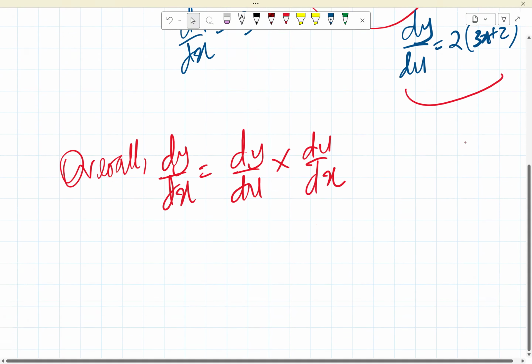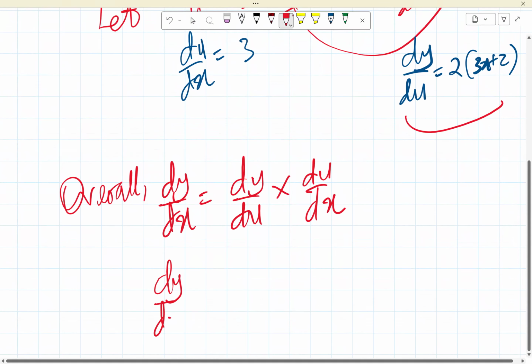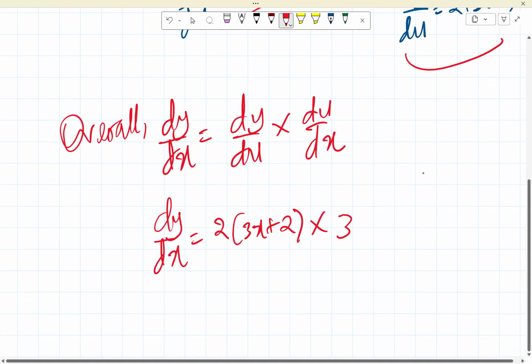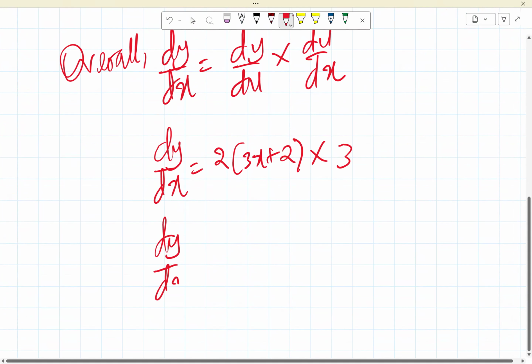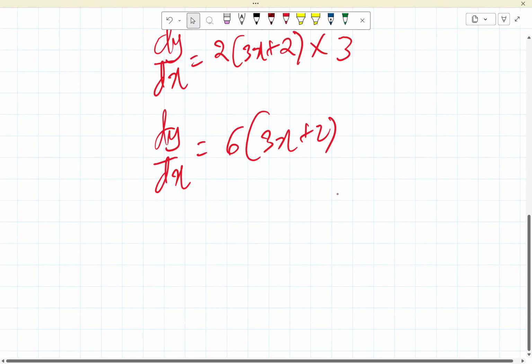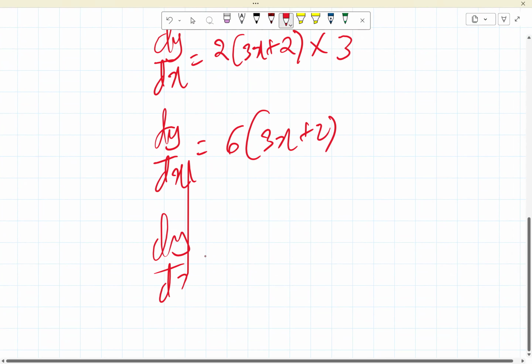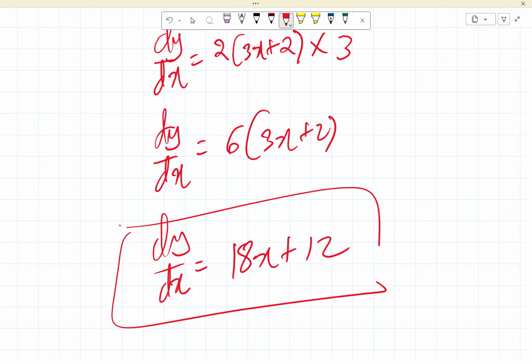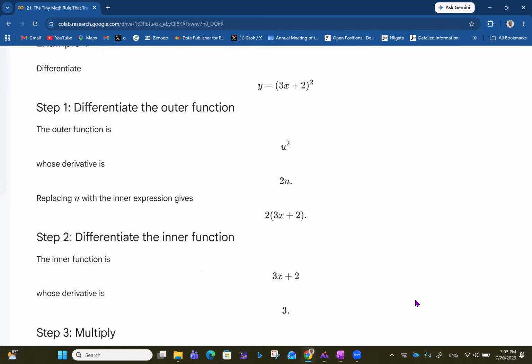So dy dx is equal to 2 times (3x plus 2) multiplied by du dx, which is this 3 here. So dy dx is equal to 6 times (3x plus 2), and finally dy dx is equal to 18x plus 12. And that is what we have. That's the systematic way to go about it.